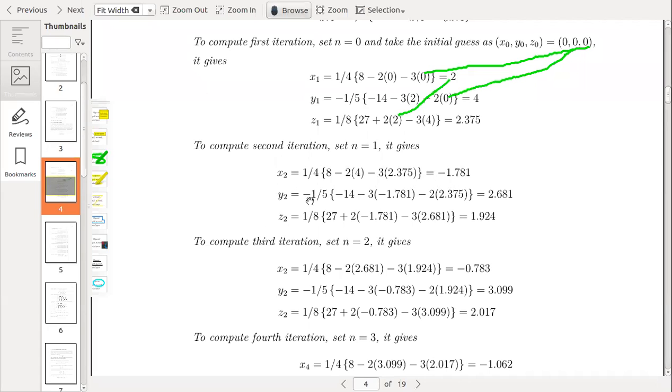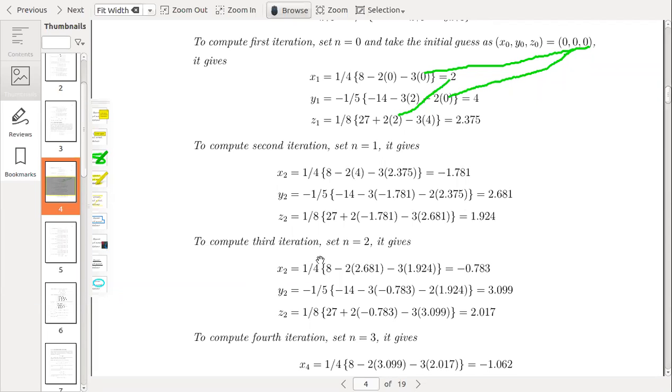Y2 is equal to minus 1 by 5, minus 14 minus 3 into minus 1.781 minus 2 into 2.375, which is equal to 2.681. And z2 is equal to 1 by 8, 27 plus 2 into minus 1.781 minus 3 into 2.681, which is equal to 1.924.